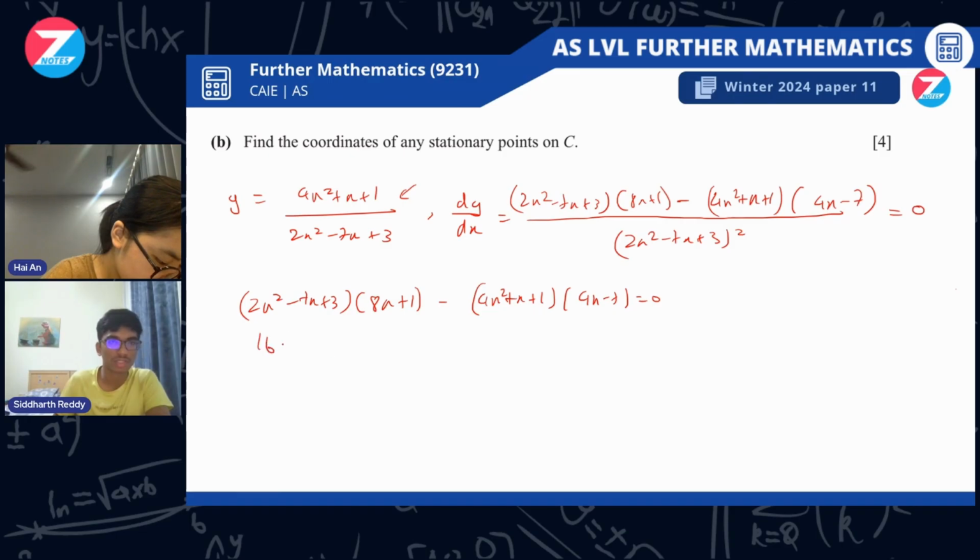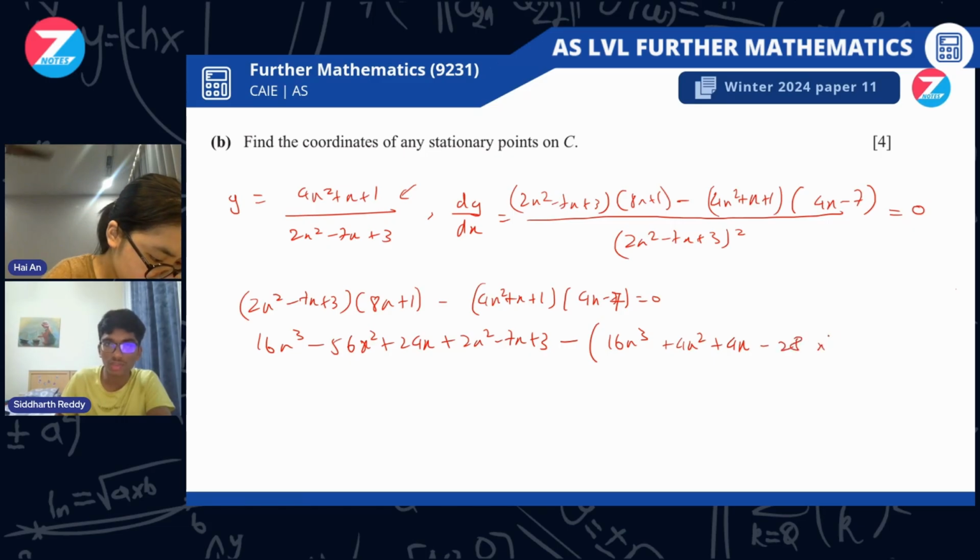So that's 16x cubed minus 56x squared plus 24x plus 2x squared minus 7x plus 3, minus 16x cubed plus 28x squared minus 7x minus 7, is equal to 0.